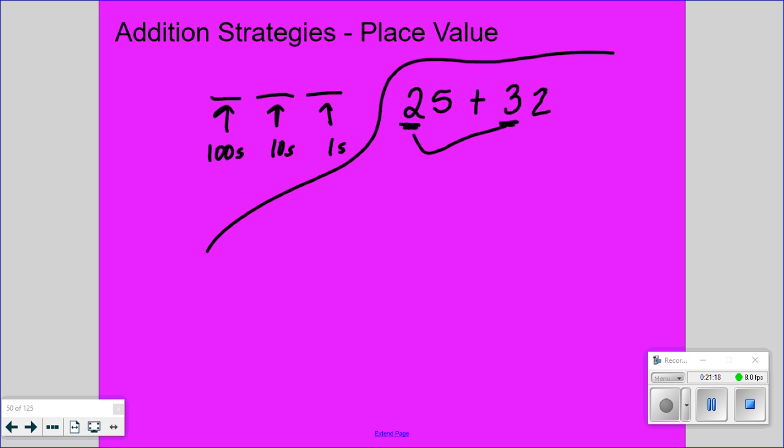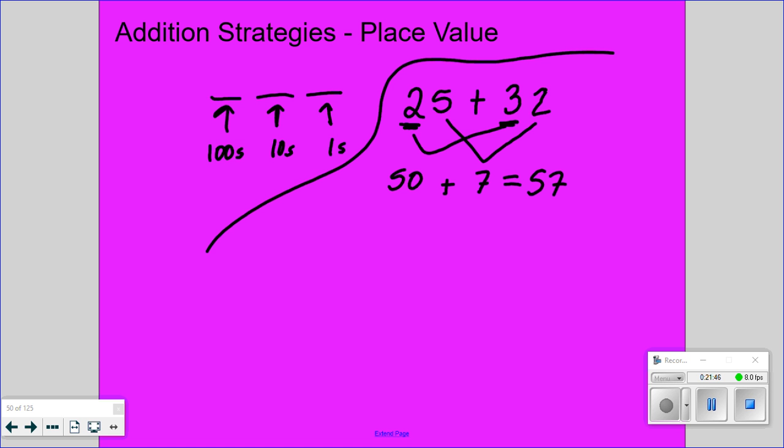What is 2 tens plus 3 tens? Emma? 50. 5 tens, aka 50. And then we do our ones. 5 ones plus 2 ones. 7. And then I add up those values. 50 plus 7 is 57.